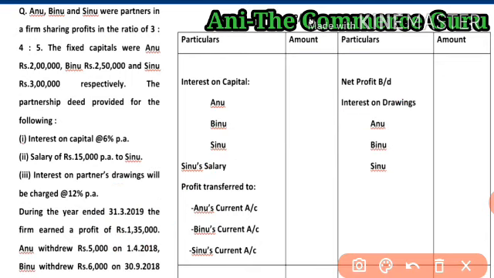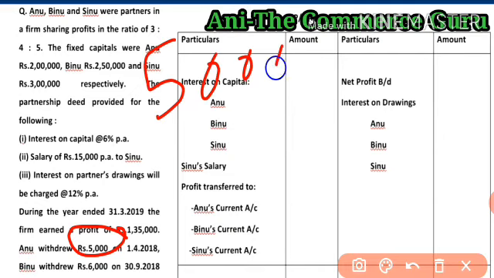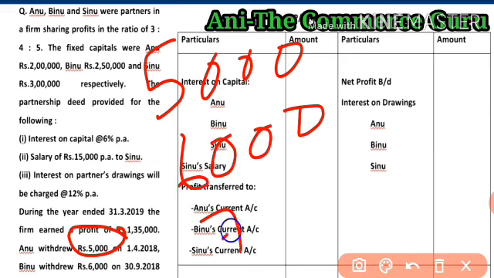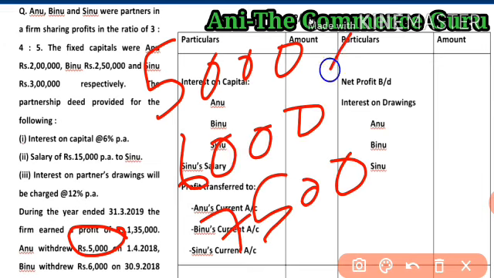Then it's given the drawings of partners in the next sentence. Anu withdrew 5,000 rupees, Binu 6,000 rupees, and Sinu 7,500. So you need to calculate interest on these drawings at 12% per annum.